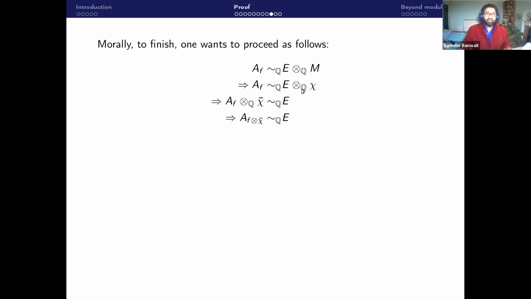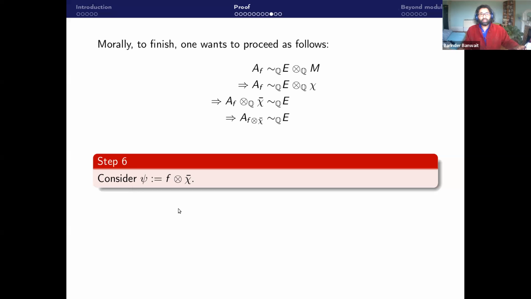It's not, but once you have this, you could try to say, well, let's take chi inverse or chi bar, and then take it to the other side. And one is trying to express E as a modular abelian variety. And so what we're going to do in the rest of this proof is do this properly.